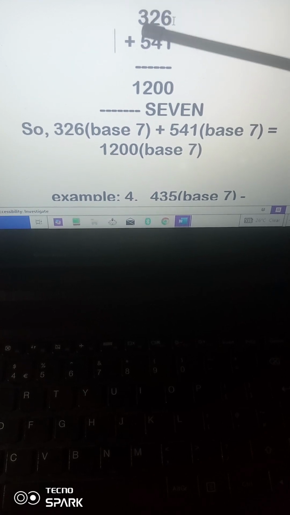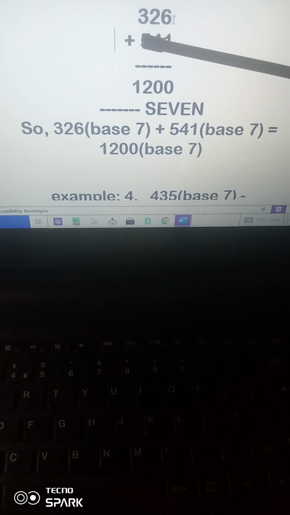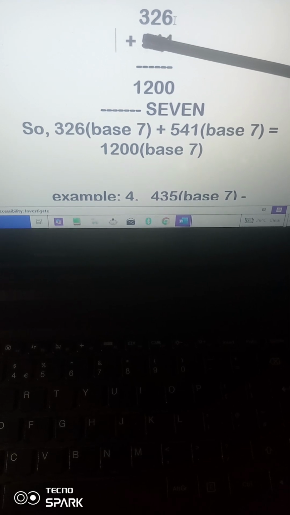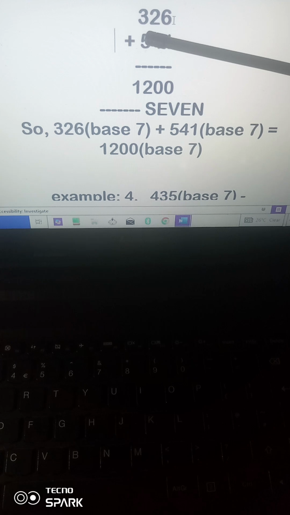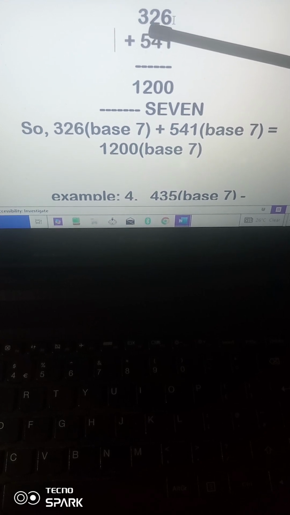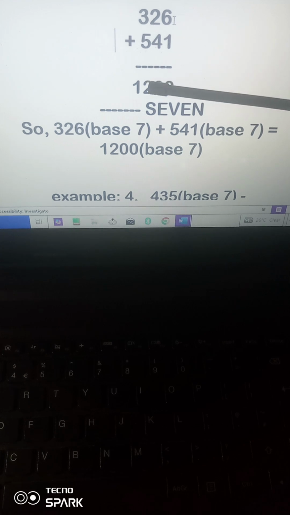And 4 plus 5 is 9. In base 7, 9 over 7 is 1 remainder 2. So we write down the remainder, which is 2, and carry the 1 to this side.